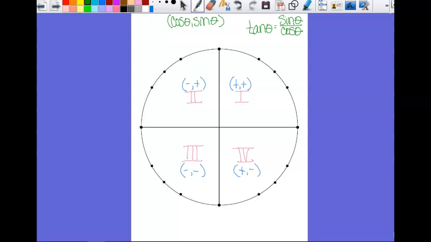So if we know which trig values are positive in a specific quadrant, then we know the other ones have to be negative, right? Well, in the first quadrant, everything's positive. Sine and cosine are positive, so when I make tangent, it's going to be positive. So they are all positive in the first quadrant.